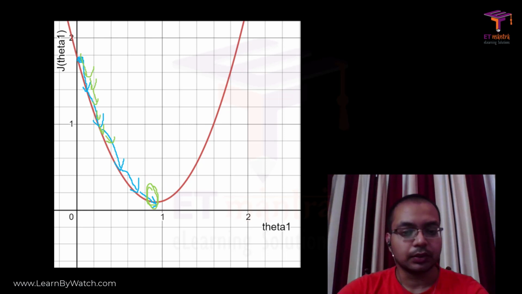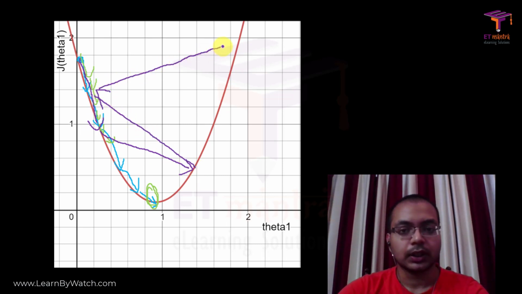On the other hand, if our learning rate is too big, then these steps would be big, and what will happen is that it will cross the minimum value of theta and it may overshoot it, and we may never reach this minimum value of theta.